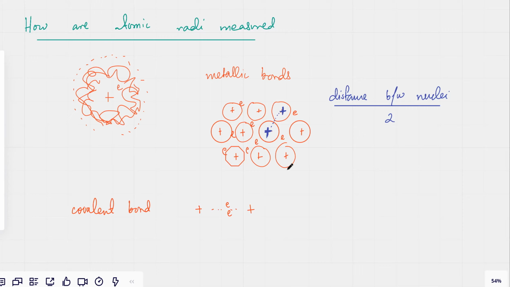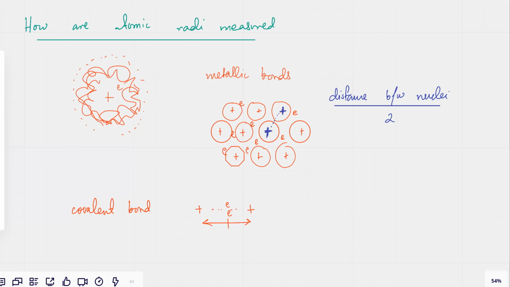It's hard to predict exactly where the electrons are, but you can clearly tell where the nuclei are. So you measure the distance between the 2 nuclei and divide that distance by 2. Elements that form covalent bonds, you measure the distance between the nuclei in that covalent bond. If they're forming metallic bonds, you measure the distance between the 2 nuclei in the metallic bond.